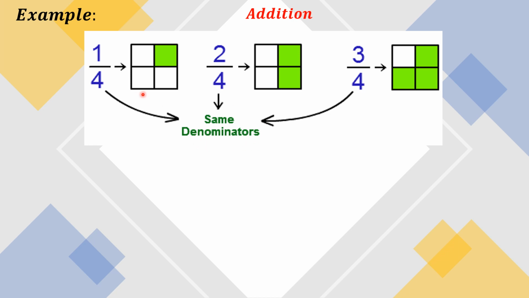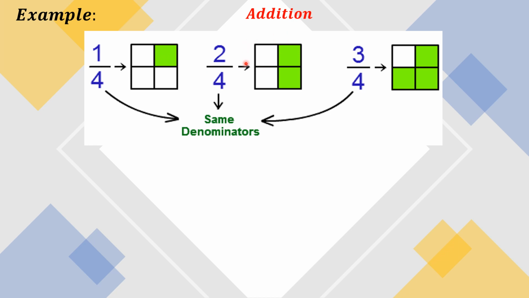As you can see on this example, there are three squares with different shaded parts. Example number one is a square wherein there are four parts. 1, 2, 3, and 4, wherein there is only one shaded part.